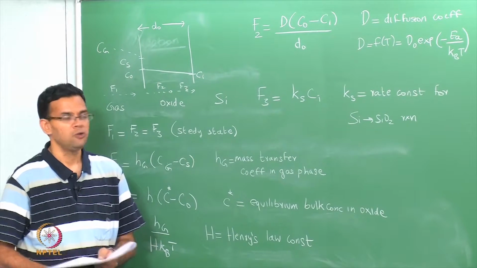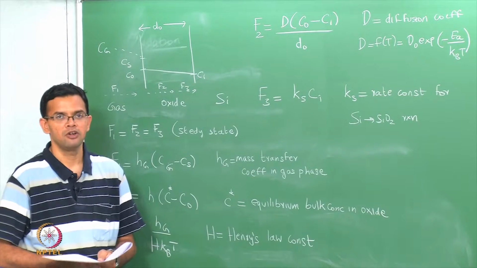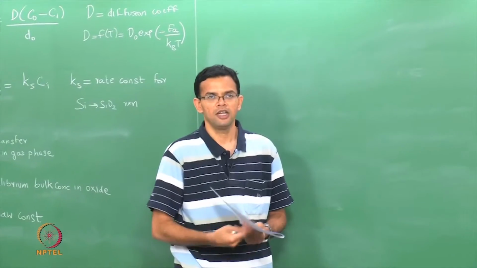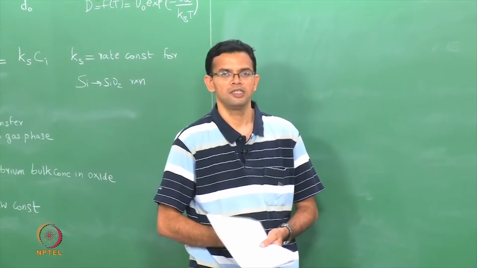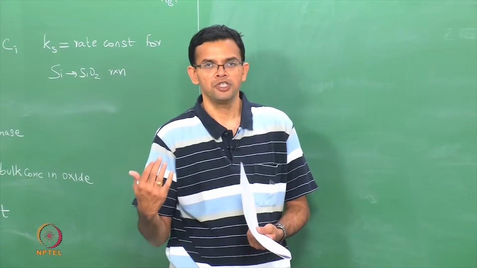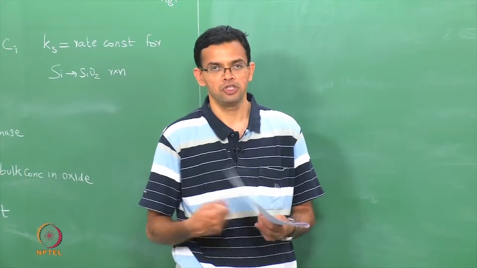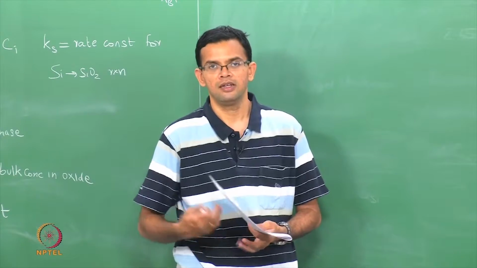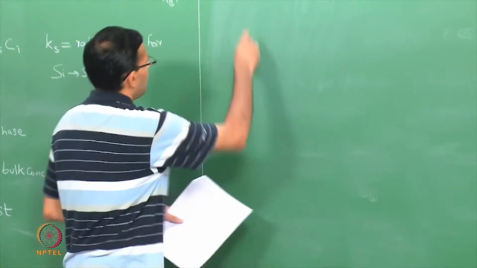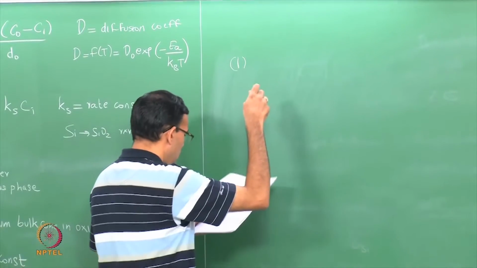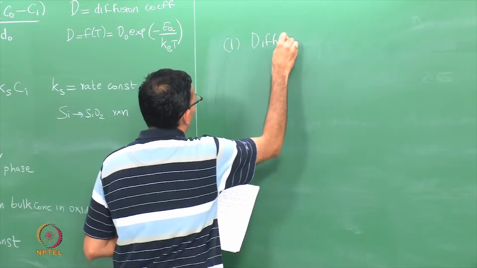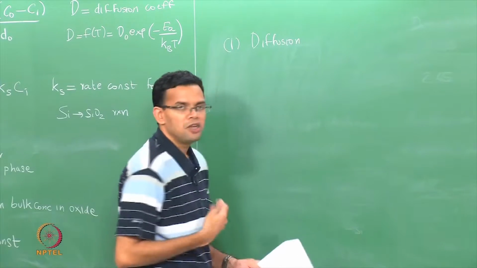There are usually two extreme cases when we look at oxide growth on the silicon surface. Now, diffusion in the gas phase is usually fast, so that is usually not a rate limiting step, but one kind of process is where your rate limiting step is the diffusion of the species within the oxide layer.